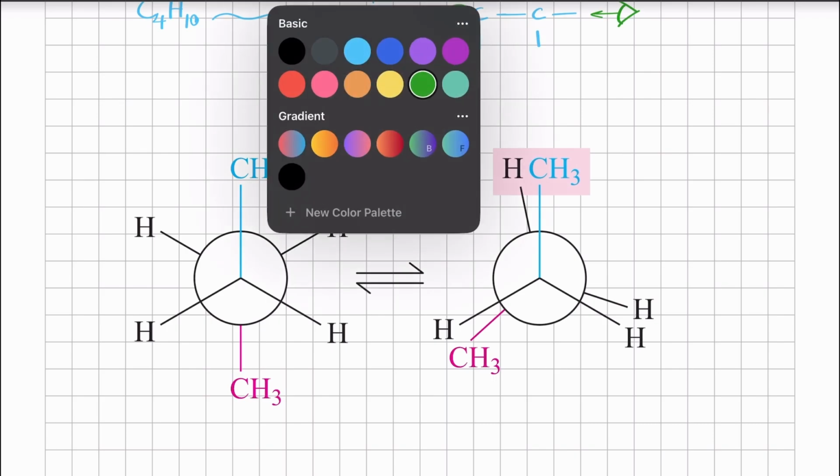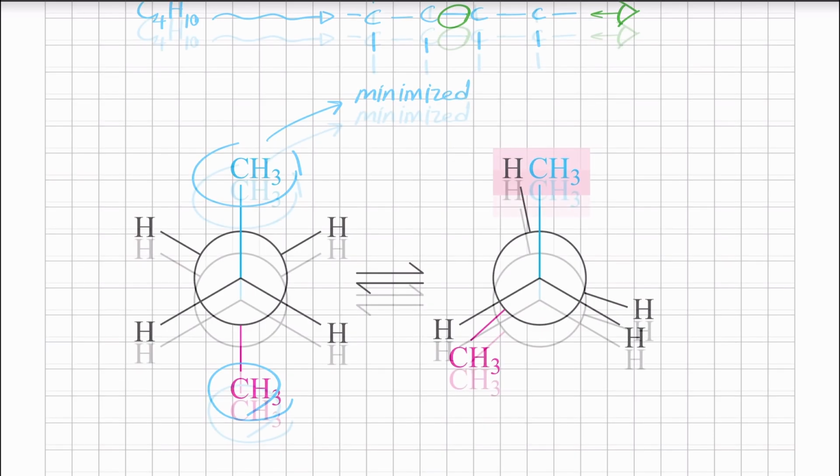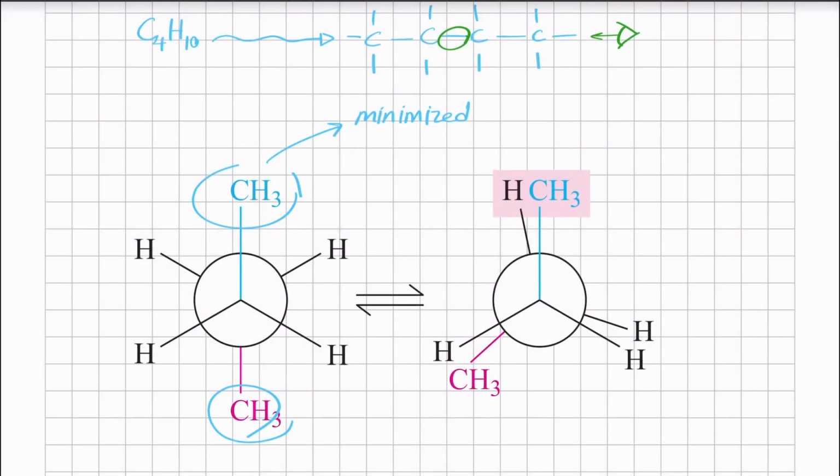Starting by taking a look at this one, we can understand that the two different methyl groups have the least steric hindrance possible, and because of this, the potential energy of this molecule is going to be minimized. This minimized steric hindrance is because the two different methyl groups are located in the most distant areas possible. And because they're too far, they don't have any noticeable steric hindrance.